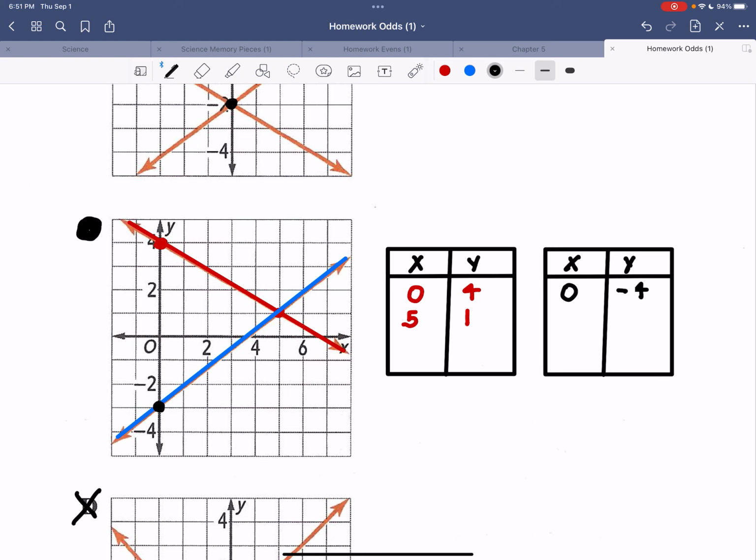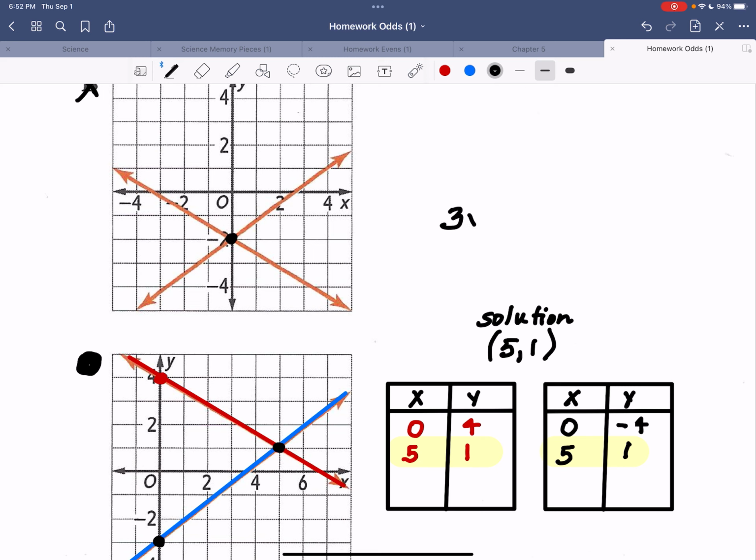That doesn't match, but this one does. 5, 1. That's the intersection. That's the solution to this equation. Because both tables have that point, that is the solution. It's the one they have in common. So x of 5 and y of 1 would make either of these equations true.